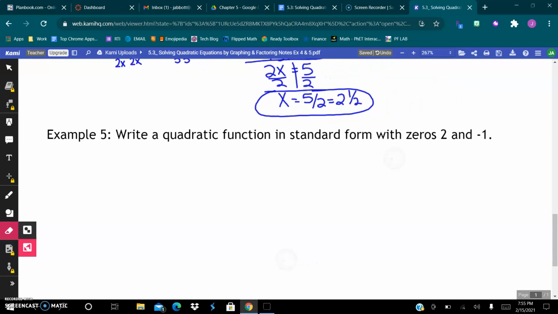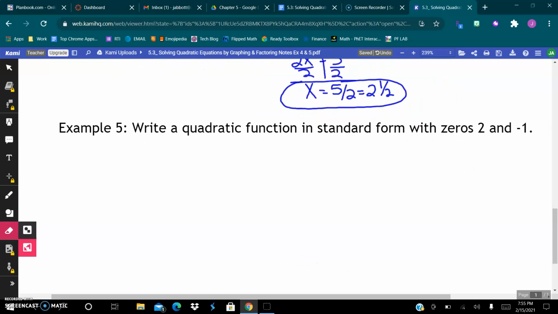All right, example 5, our last example. It says write a quadratic function in standard form with the zeros 2 and negative 1. So now they're telling you what the zeros are, and they want you to work backwards. So we know that in order to have 2 as a zero, I have to do something to that to get 0.